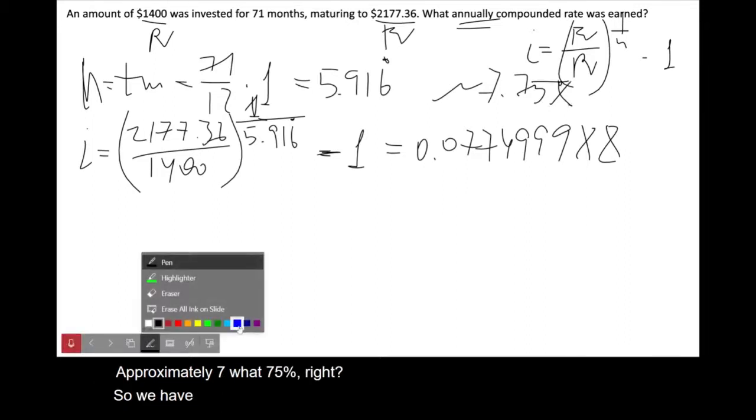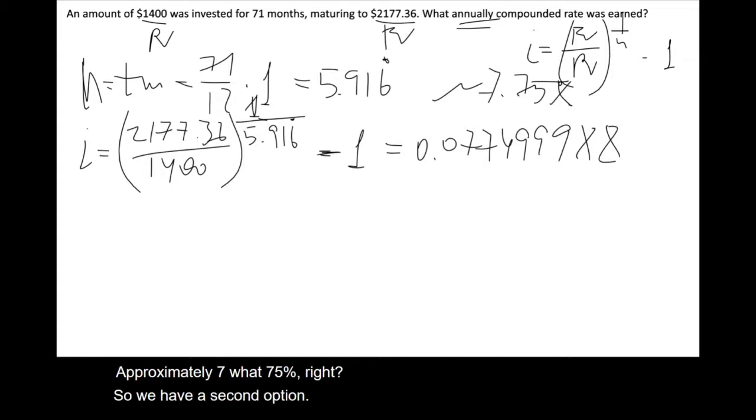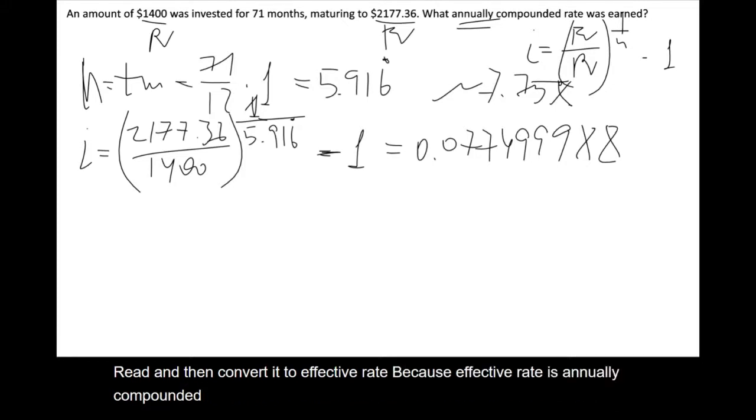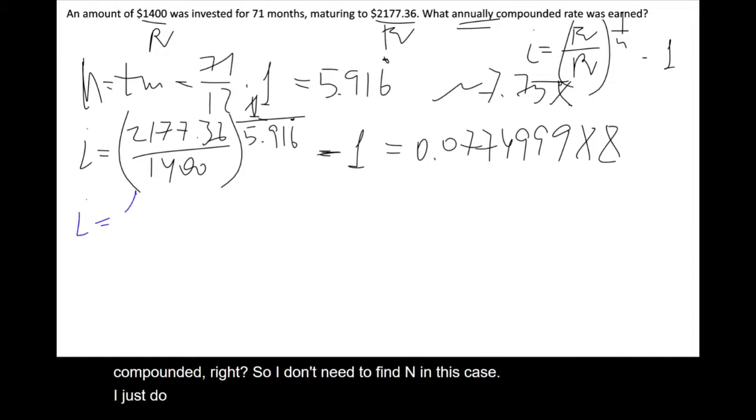So we have a second option. Second option, we find monthly rate and then convert it to effective rate, because effective rate is annually compounded, right? So I don't need to find n in this case. I just do this. 2177.36 over 1400.